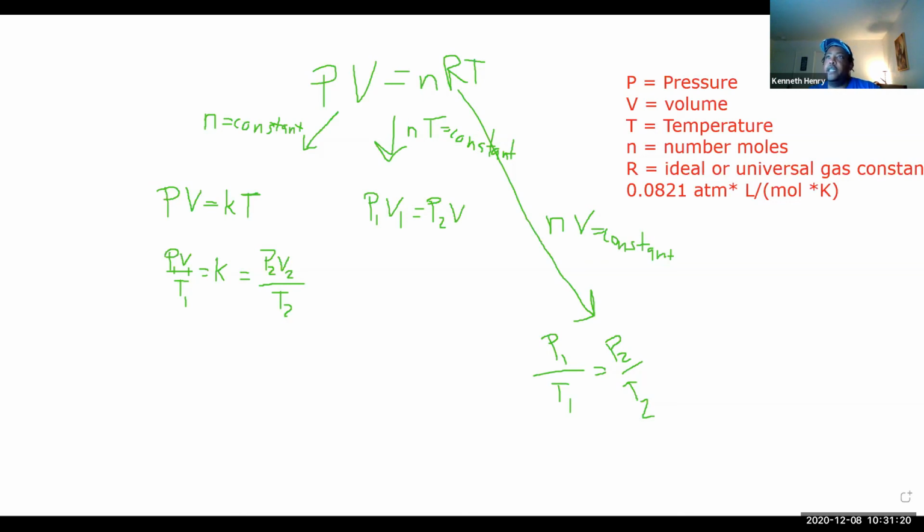So let's say we have a question that says, in an expanding cylinder at constant temperature and pressure.